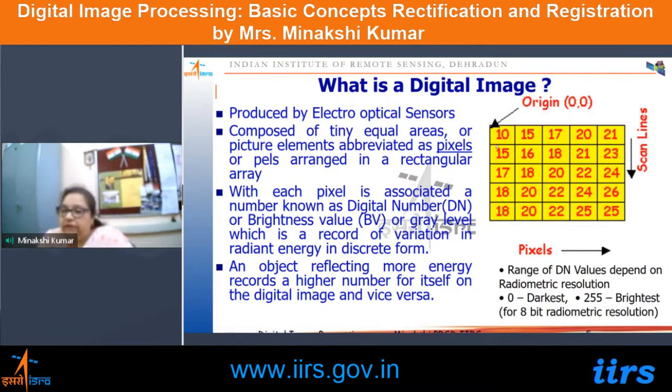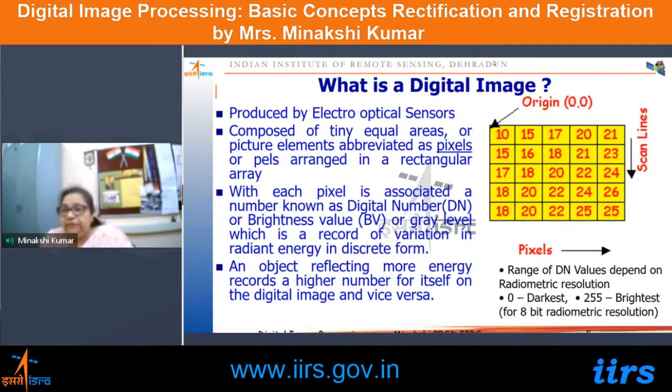So a digital image corresponding to the ground, you can say, is made up of tiny equal areas, which are abbreviated as pixels or pix, picture elements, and they're arranged in a matrix form, in a rectangular array.